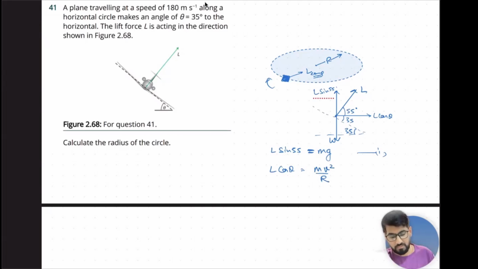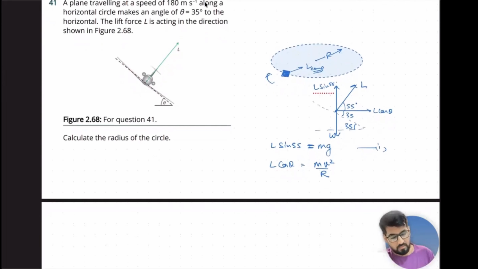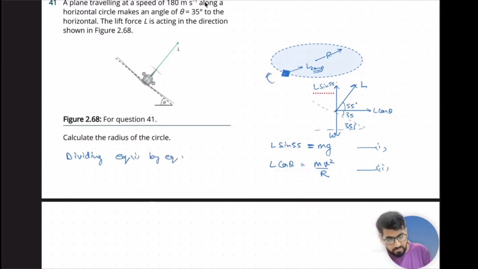In the question, we are given the speed and we don't have the mass or the lift force. So the best way to eliminate L and m in the same step is to divide equation 1 by equation 2.